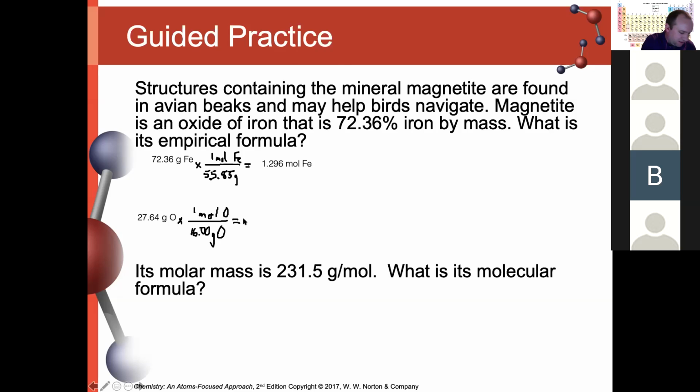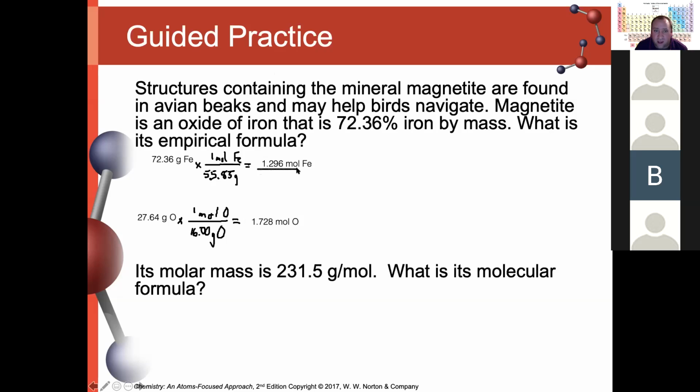And so 27.64 divided by 16 to 4 significant figures is 1.728 moles of oxygen. So again, we have a ratio here that is not apparent, but we're going to follow the same protocol, the same practice.